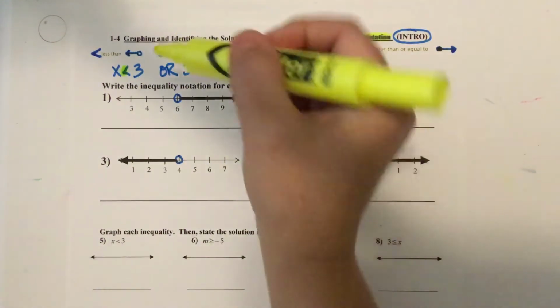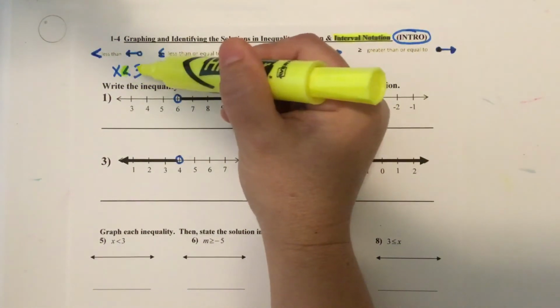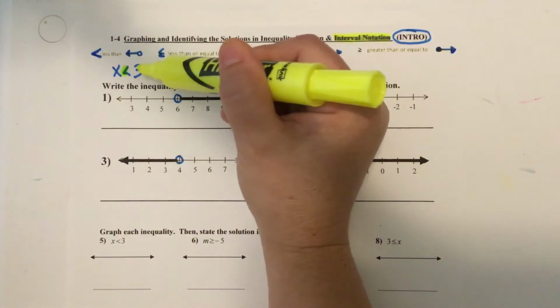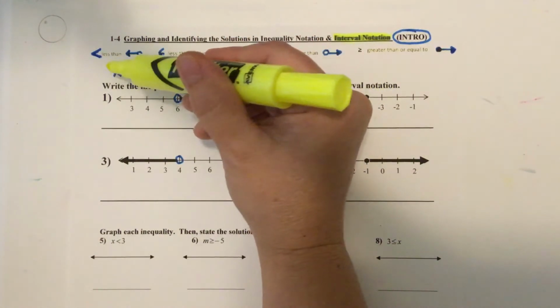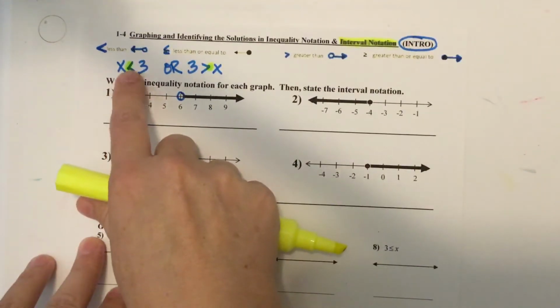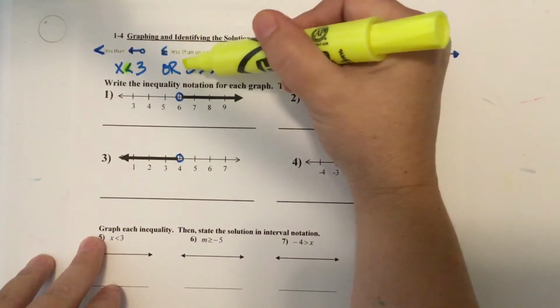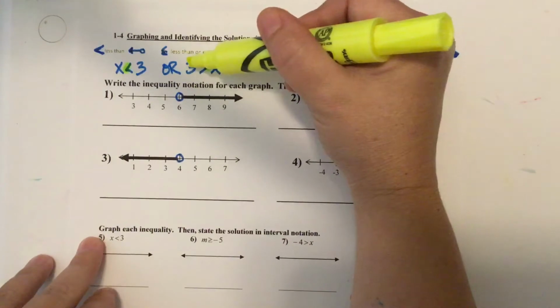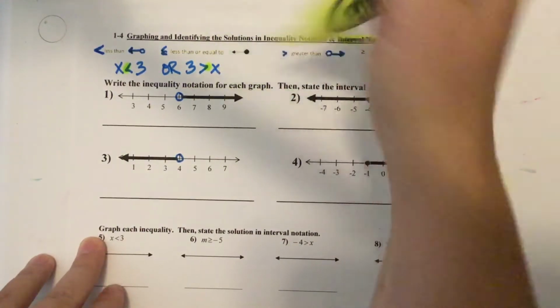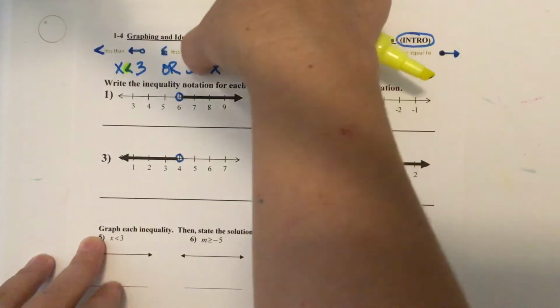And that's because the alligator eats the bigger guy. So the 3 is the bigger guy, so x is the lesser guy. So that's why this says x is less than 3. And same thing over here. The alligator's eating the bigger number, so 3 is the bigger guy, which means x is the lesser guy. So that's why it says x is less than 3.